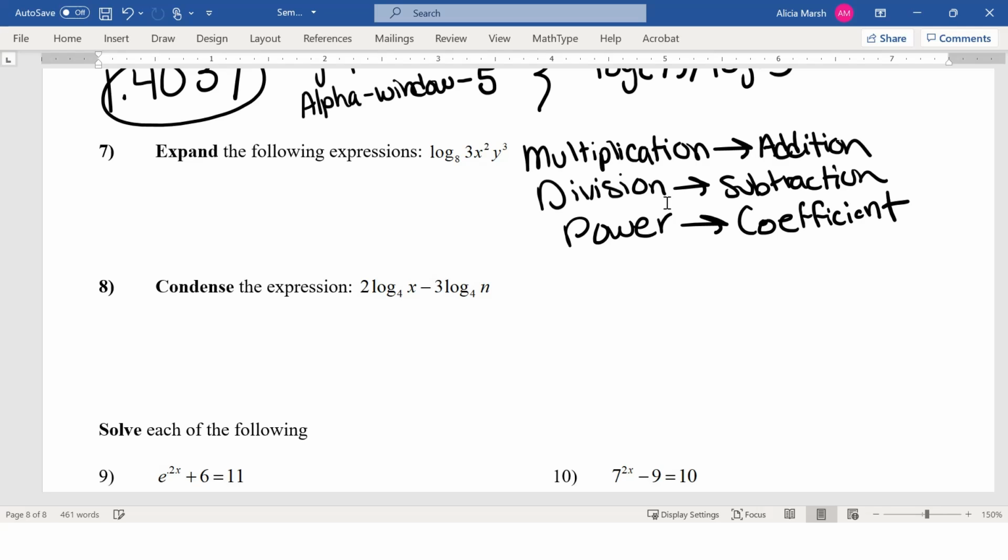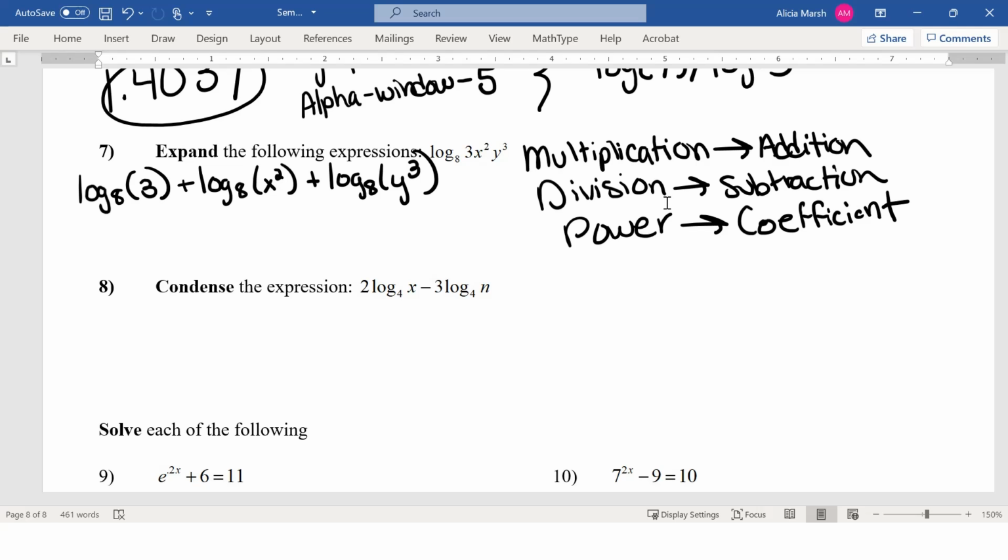So ultimately, what we're going to do, I see multiplication, so I'm going to change that to addition. And every time I add, I'm going to add a brand new log. So I'm going to say log base 8 of 3 plus log base 8 of x squared plus log base 8 of y cubed. All right, so close, so far.